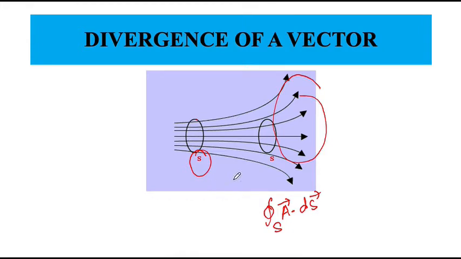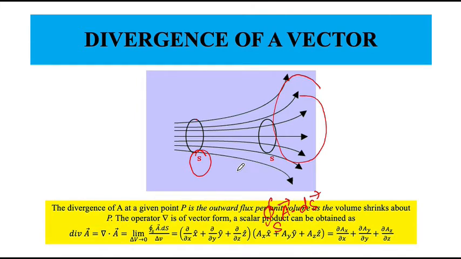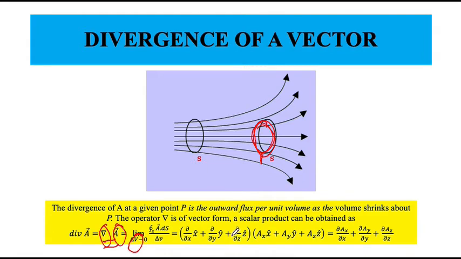So the divergence of A at a point P, I will just say, is the outward flux per unit volume as the volume shrinks about point P. Okay, so the operator del is now in vector form, so its scalar product can be obtained as the del operator dot product with the vector, where delta V is the volume enclosed by the closed surface in which P is located.